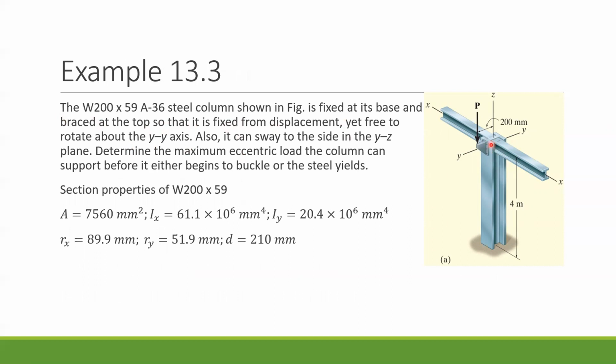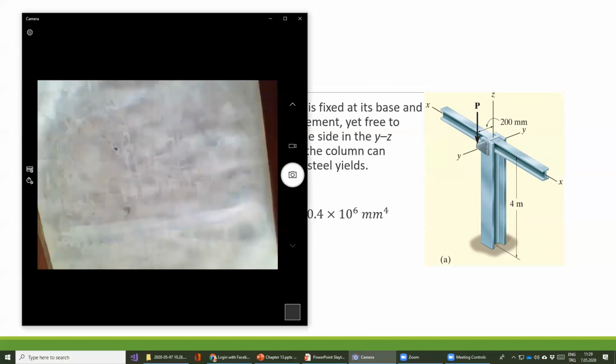So it means it is fixed for displacement, but free to rotate about the y-axis. For the x-axis the connection is fixed, but for the y-axis it is free to rotate, a pin. So one end, the top, is a pin, and the bottom is fixed. I think maybe you're confused.